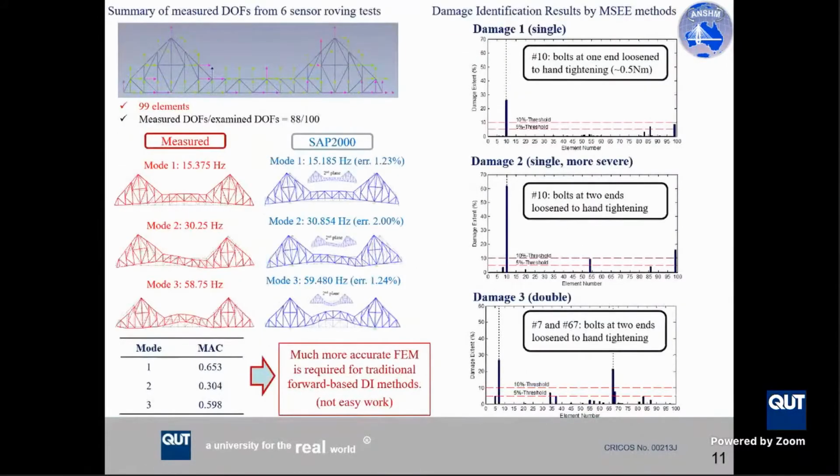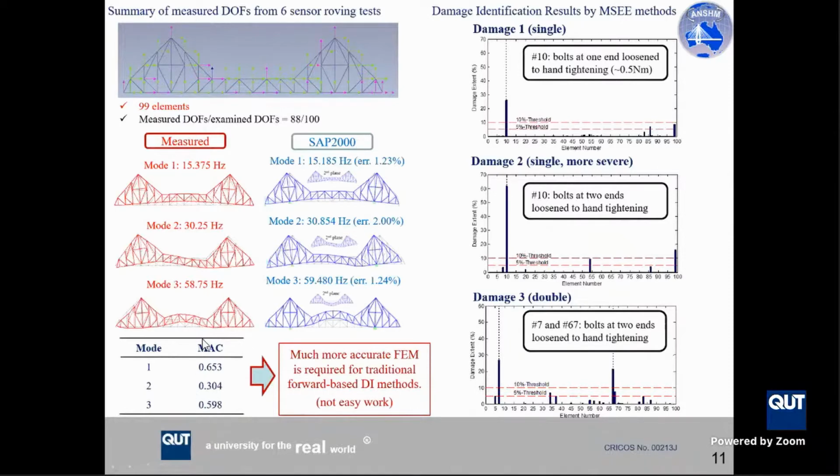Here you can see some experimental results. As you can see from the left figures, we have very similar natural frequencies between the experimental model and the FEM model, with errors of up to about 2% in the frequency. Also, if you take a look at the mode shapes, they look very similar, but actually they have big differences.